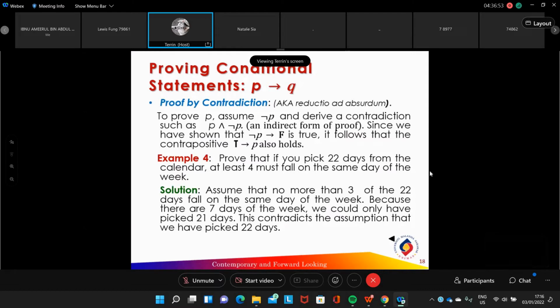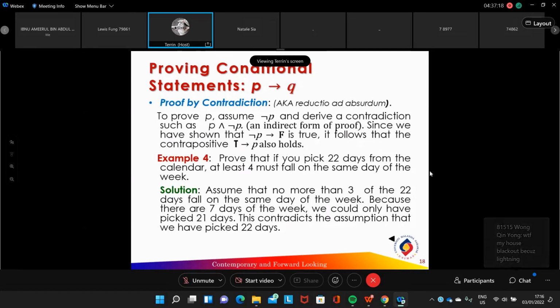Your indirect form of proof is: if negation of P is false, then P is true. So we assume negation of P to be true, and if that leads to a contradiction, then P is false.